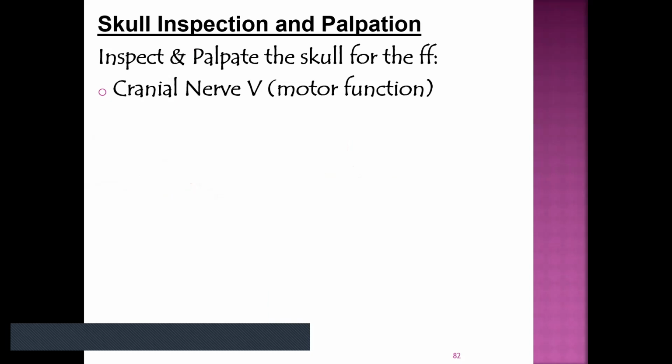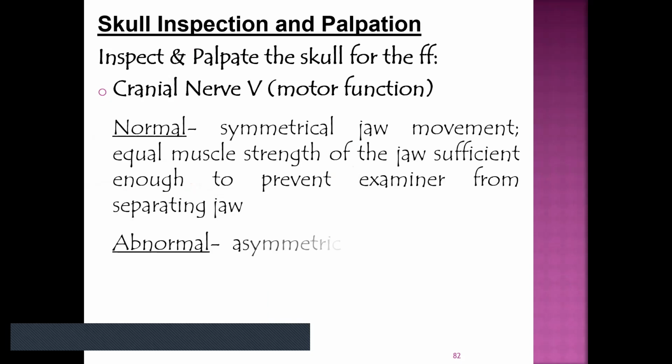In terms of inspection and palpation of cranial nerve 5, what is normal is symmetrical jaw movement and equal muscle strength of the jaw, sufficient enough to prevent the examiner from separating the jaw. That is normal for a person.